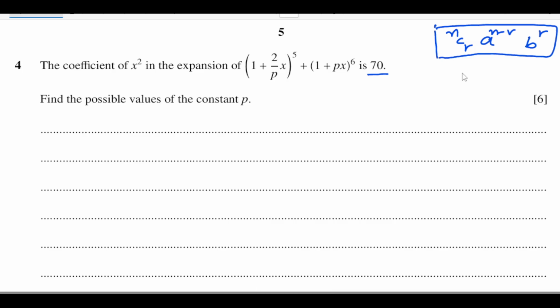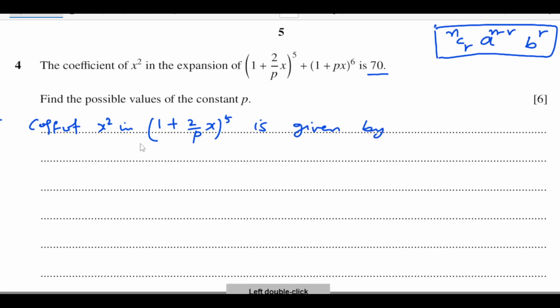So with a and b in the first expansion, I will take the coefficient of x squared in (1 plus 2 over px) power 5. We are going to use the formula, which becomes 5C2, a is 1 here, 1 power n minus r, 5 minus 2, it is 3.